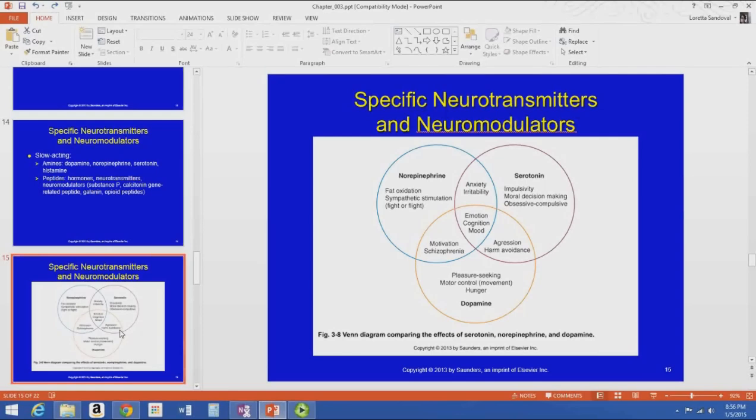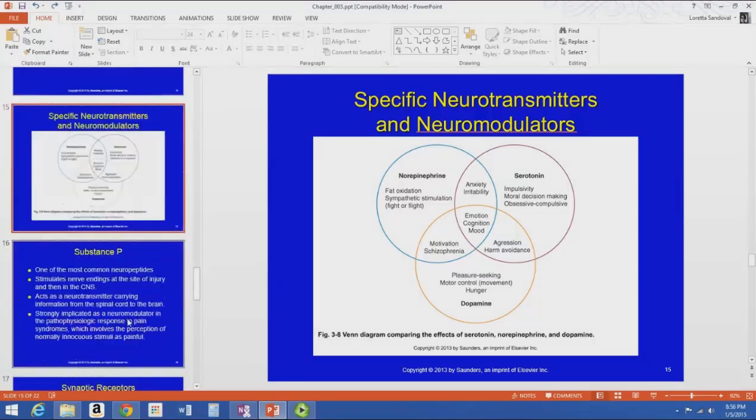So it is really just kind of neat. Those three neurotransmitters are controlling a lot of our emotion, cognition, and mood. So you don't have to memorize this. You don't have to know this for the test. I just think it's interesting, and that's the only reason I'm showing it to you.